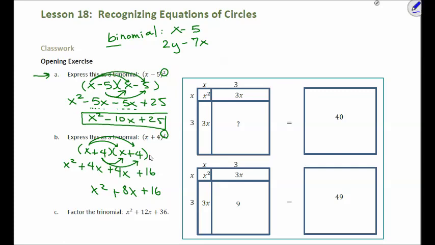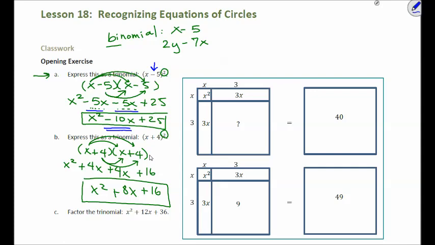Now, in both A and B, we were squaring a binomial. And there's a pattern here that will be very important for us to notice. The first thing is, where did this negative 10 come from? Well, it came from the negative 5 and the negative 5, which came from this negative 5.